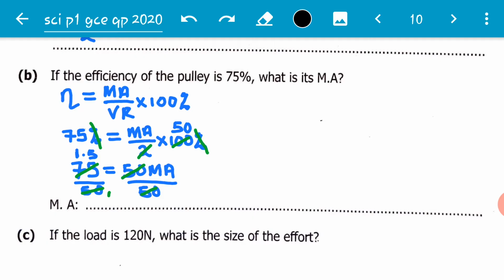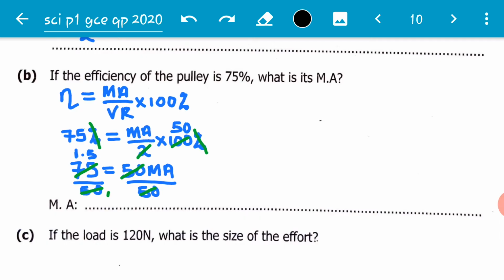Now, for 50 MA, we divide both sides by 50. On the mechanical advantage side, the 50 goes. On the 75 side, we have 75 divided by 50, which gives us 1.5.